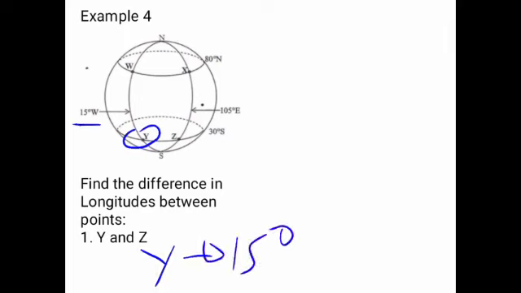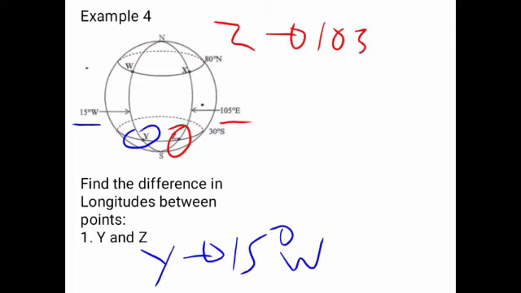Okay, let's look at Z. Z is right here on which longitude? 105. So Z is on longitude 105 degrees east. According to the directions, we have west, east.